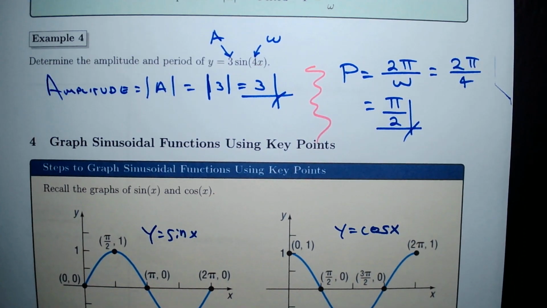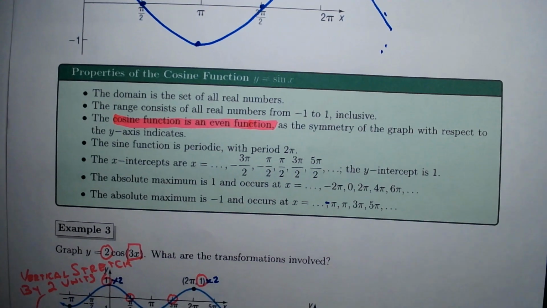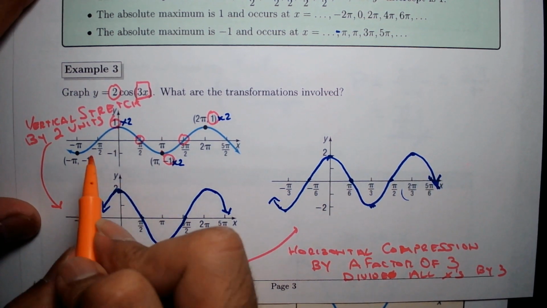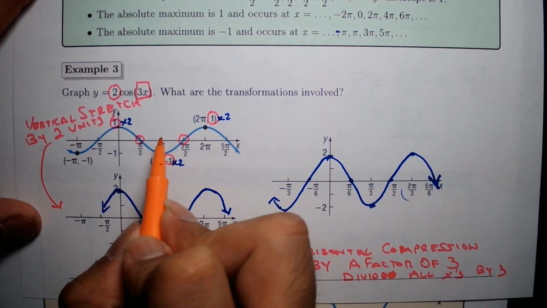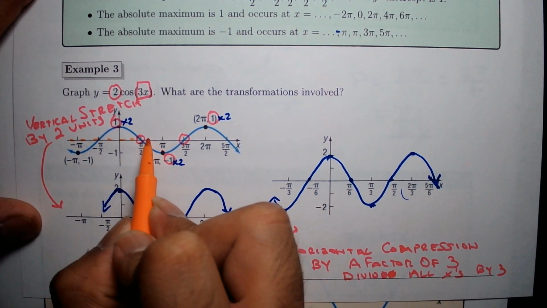All right. Something I didn't really mention when I was graphing the other function. Let me go back real quick to the previous example, and I didn't mention this, and it's going to be important when we move on to the next examples. These trigonometric functions have what they call a line of equilibrium.